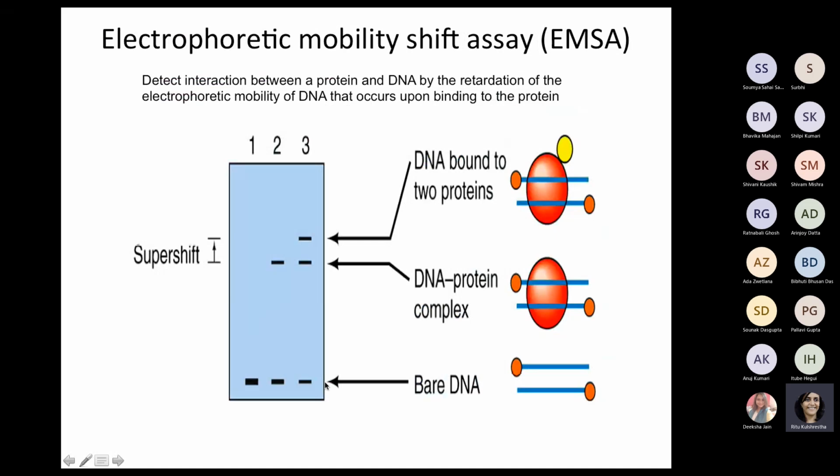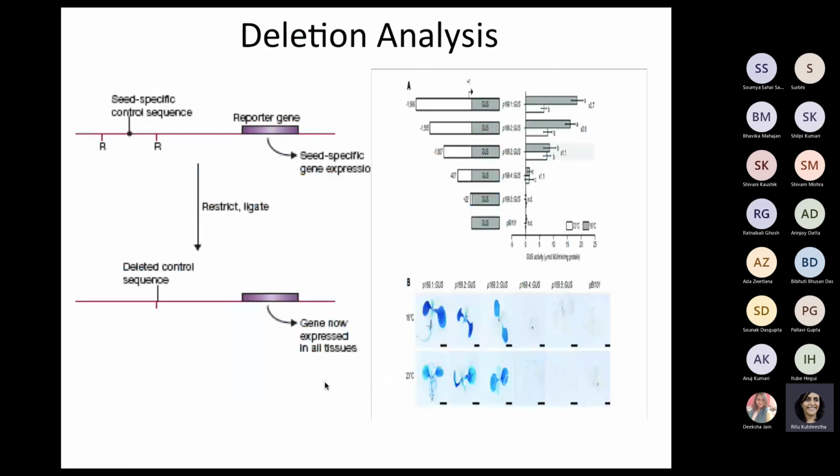Okay. So now coming to the last two techniques. Let's say in this case I know there is some region which is important for its expression in seed. Now I want to know whether it is bound by any protein or not.